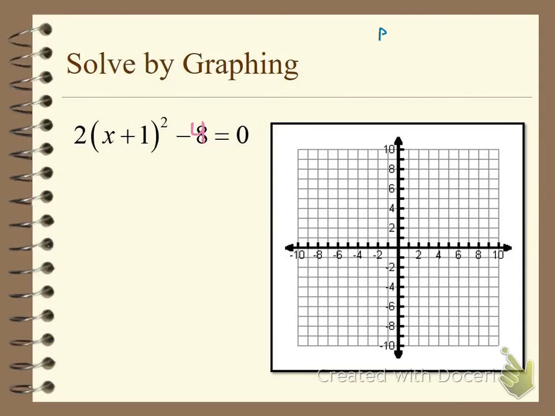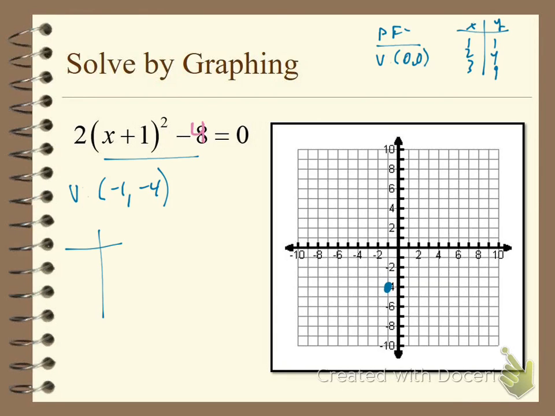Okay, again, we're shifting the parent function. And so we're shifting the parent function left 1, down 4. So our new vertex is -1, -4. And then we've got to change how we walk from one point to the next.